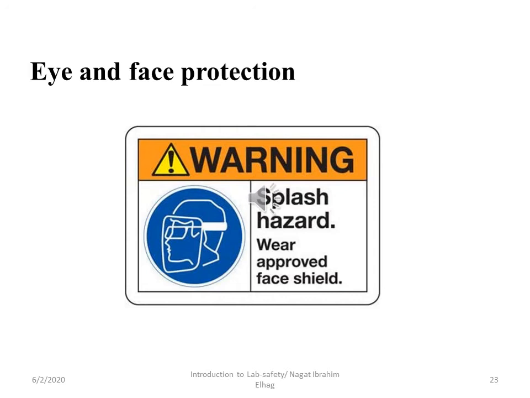There are also laser goggles, provided with a lens filter that filters the laser to make your eyes safe. Finally, the face shield protects your eyes and face from splashes when you deal with some materials.